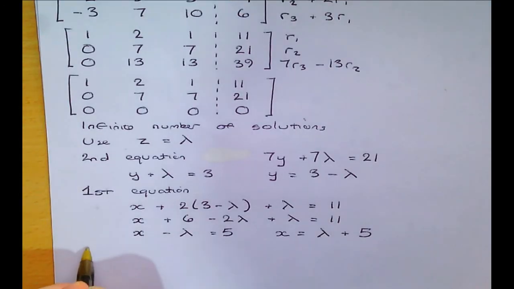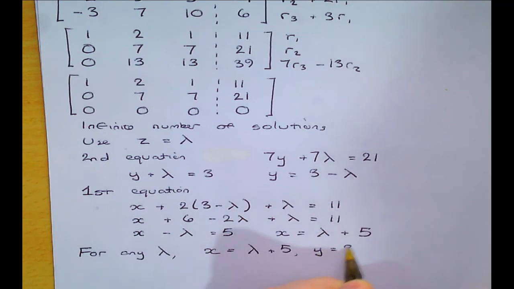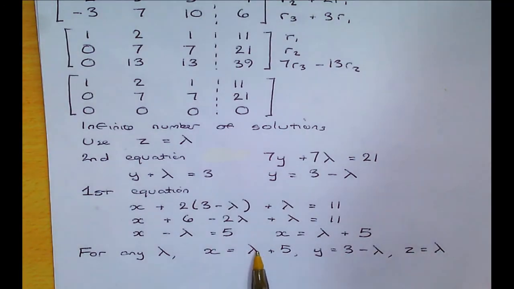So we can now say that for any lambda, we'll have that x is equal to lambda plus 5, y is equal to 3 minus lambda, z is equal to lambda. For any value of lambda, what we'll get here will be a solution to all of the equations.